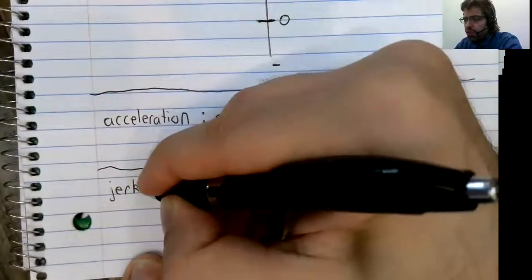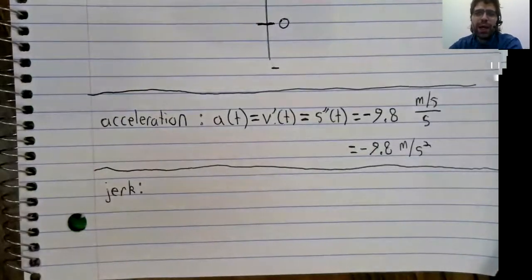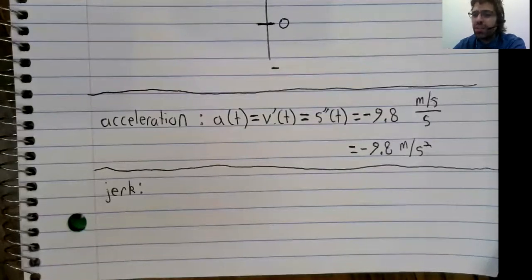You may not be used to thinking of the jerk in the same way, but this does have some intuition behind it, because even if you've never thought of jerk as something that can be numerically measured, you probably have an intuitive idea of what it means if a car journey, for example, is jerky. If you're getting thrown around in your seat, it's because there's a high jerk.